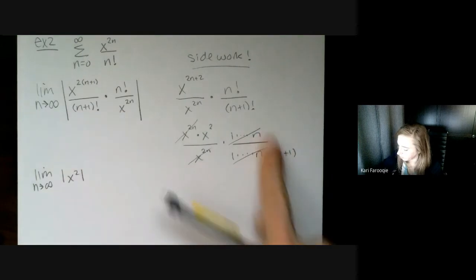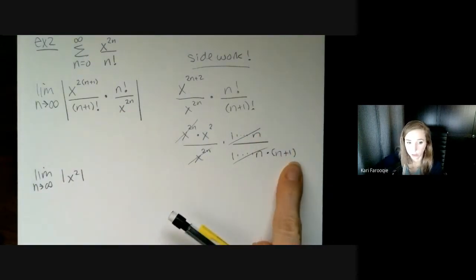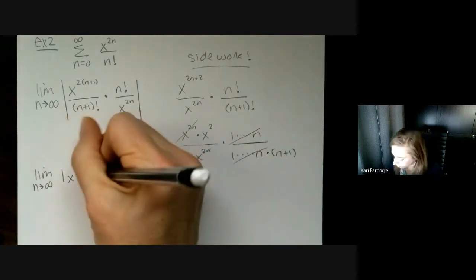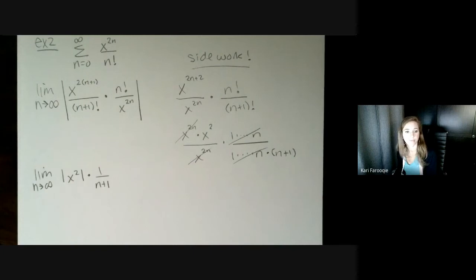And then the other piece of this is just going to have n in it, and you don't need to worry about 1 over n plus 1 being negative. So you can just write that as 1 over n plus 1. And technically, with x squared, you don't have to worry about that being negative either. But now that I've made such a big deal about putting absolute value bars on your expression, I almost don't want to take them away.